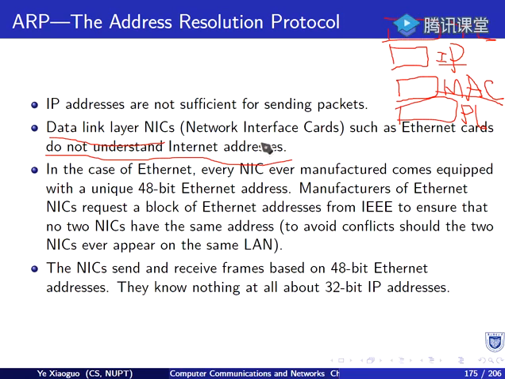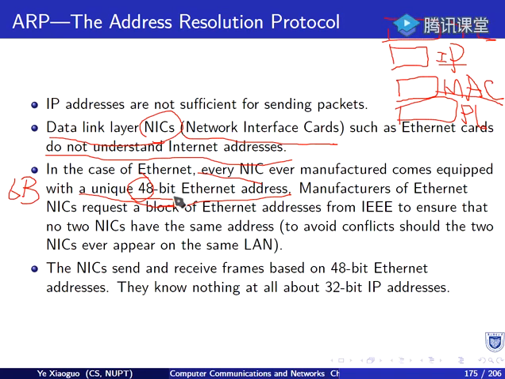In the case of Ethernet, every NIC, meaning network interface card, ever manufactured comes equipped with a unique 48-bit Ethernet address. How many bytes? 6 bytes, right? 6 bytes, 48 bits Ethernet address.